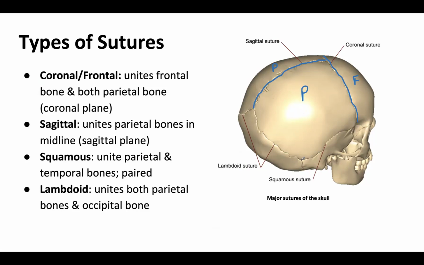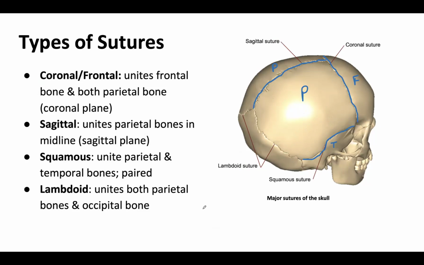The squamous sutures, and note I said sutures because there are two of them. This is going to be a paired type of suture. And this suture will unite the parietal bone, one of the parietal bones, with one of the temporal bones. So you would have the same thing on the other side on this illustration.